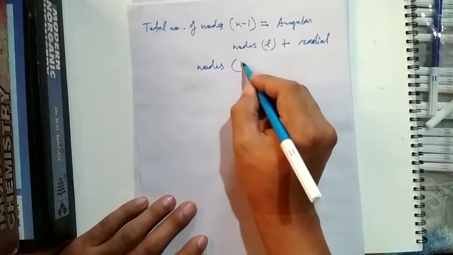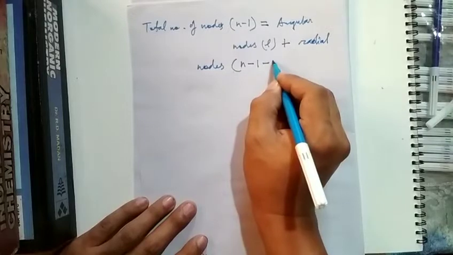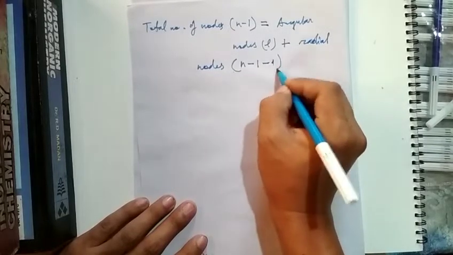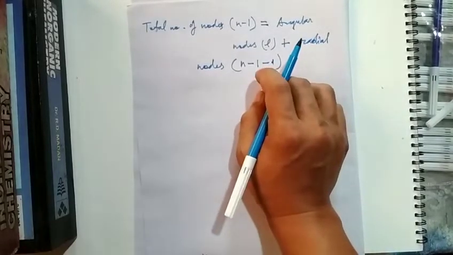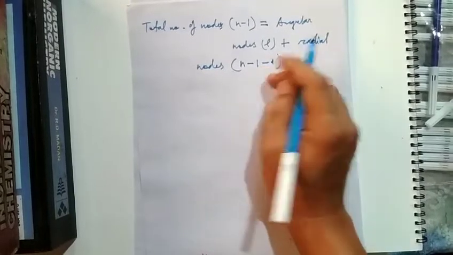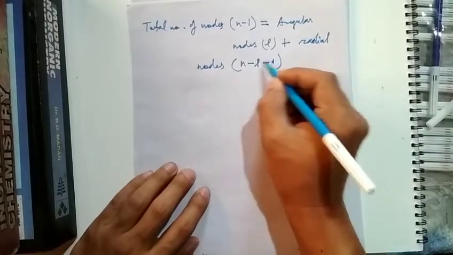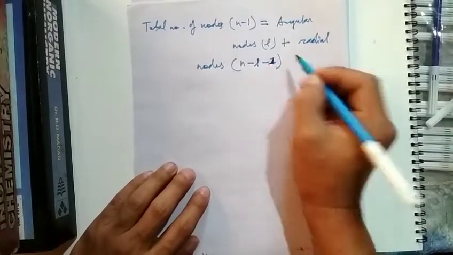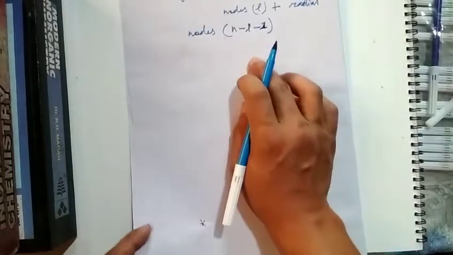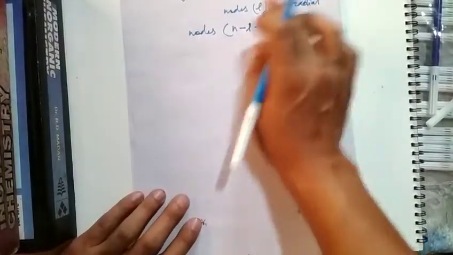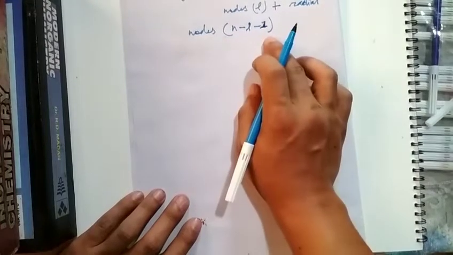So radial nodes is n minus 1 minus L. Total nodes will be equal to angular nodes plus radial nodes.